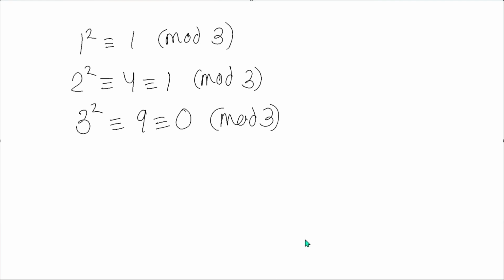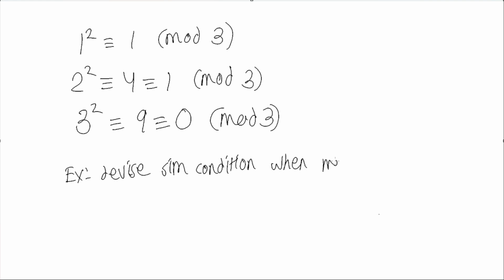This is itself pretty powerful, as that means that no number equivalent to 2 mod 3 can be a perfect square. And we'll be seeing how this works in our example problem. My exercise for you is to devise a similar condition when we work mod 4. You should get something really, really similar, but again, just work through the cases and see what you get.